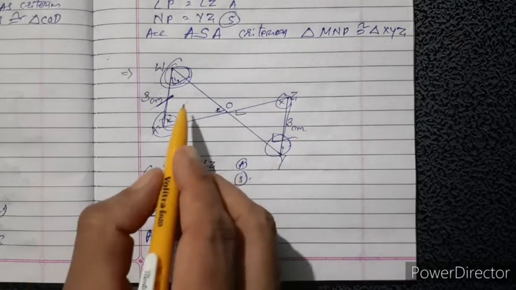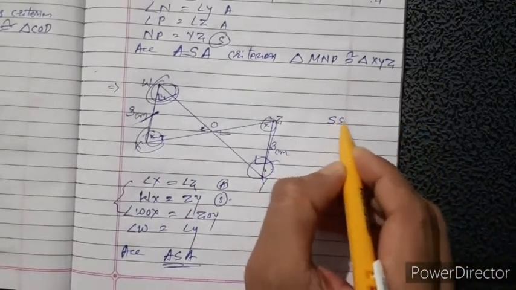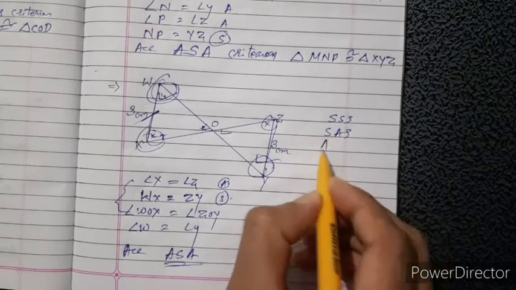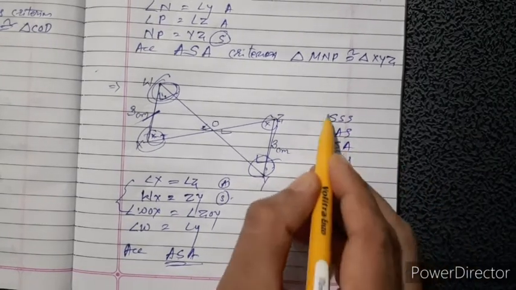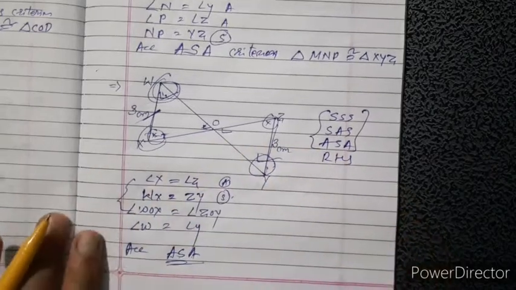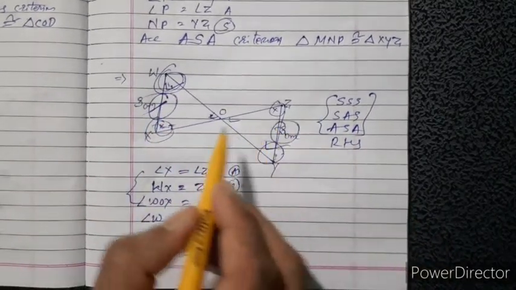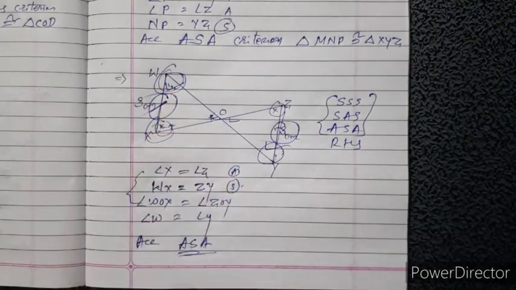So you just check our criteria. We have four criteria: SSS, then SAS, then ASA, then RHS. When sides and angles are given, check properly. If only one side is given and no common sides are there, check the angles properly.